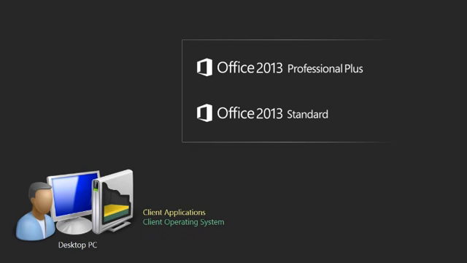Now, the latest version of Office is Office 2013, and there are two editions of Microsoft Office available through volume licensing. That's Office Professional Plus and Office Standard. One of the differences between them is the individual applications they contain. For example, Professional Plus includes Access and a couple of other applications which Standard doesn't. But of course, again, our focus today is on how these products are licensed.